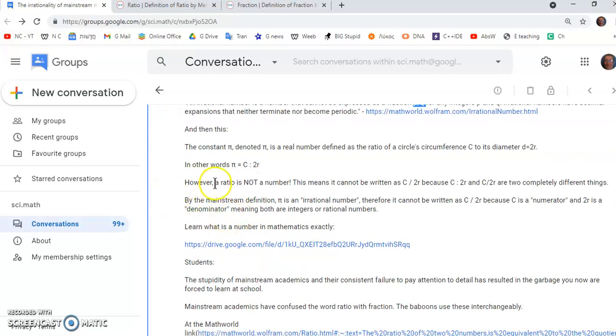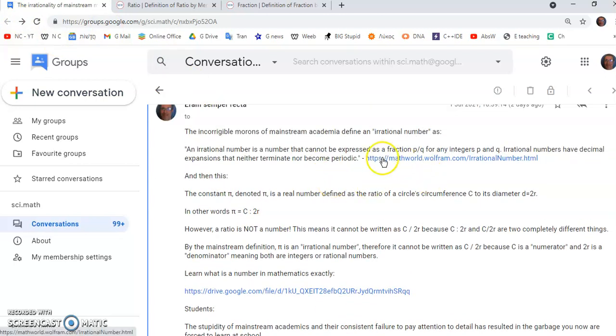So you cannot, for example, say that pi is equal to C over 2r, but you can say that pi is equal to the ratio C colon 2r. This is correct. But to say that it's equal to C over 2r is incorrect, because pi is not a number. Okay, and it also goes against the statement here that it's an irrational number, because irrational number says it cannot be expressed as a fraction, but then that's exactly what the morons in mainstream do.